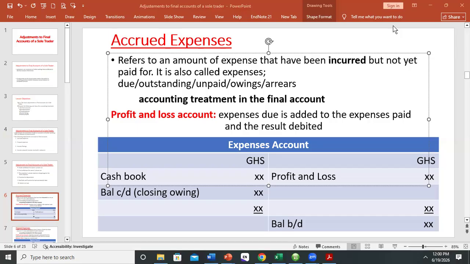So when you purchase goods from your suppliers and you don't pay, we term that as credit purchases, which is actually an accrued expense. And when we move further, I'll come back to that to make you appreciate why your purchases is a combination of the ones that you have paid, as in the cash purchases, plus the ones that you haven't paid, i.e. the credit purchases, right?